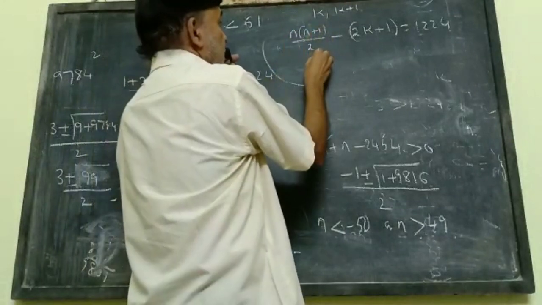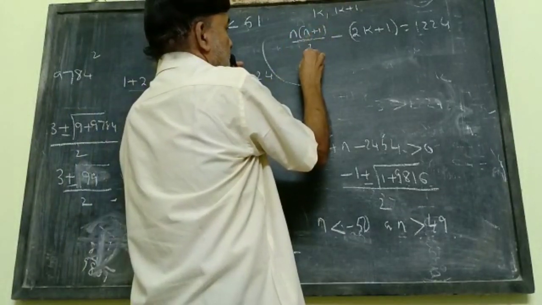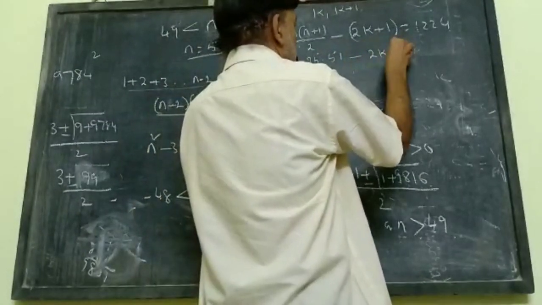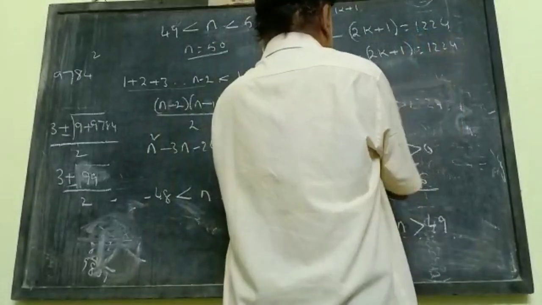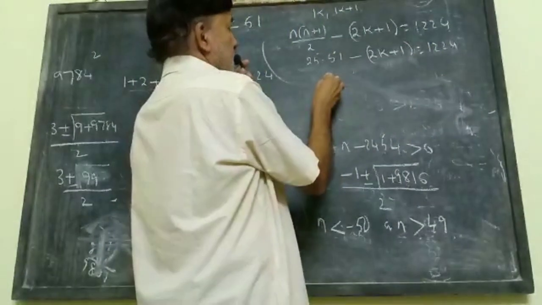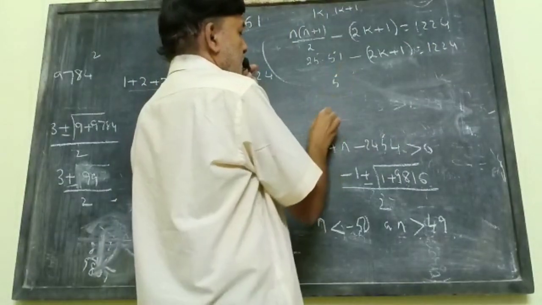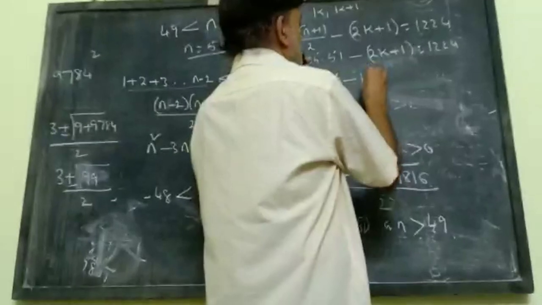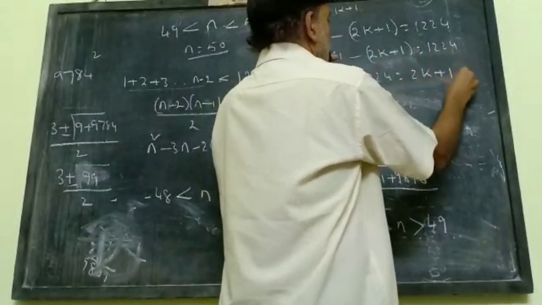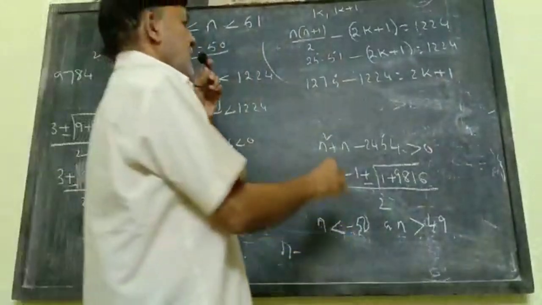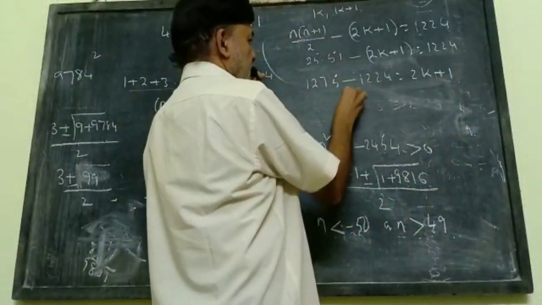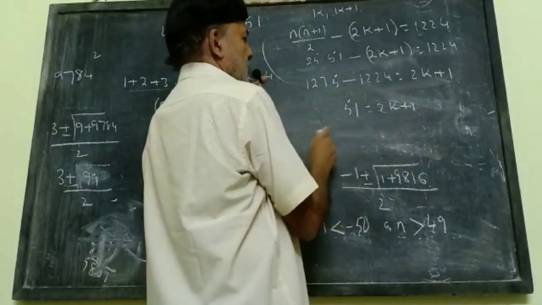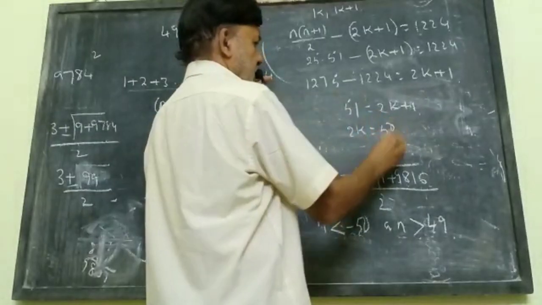So 50 into 51 by 2, that is 25 into 51, minus (2k plus 1) is equal to 1224. 25 into 51 is 1275. 1275 minus 1224 is 51, so 2k plus 1 is 51, so 2k is equal to 50.